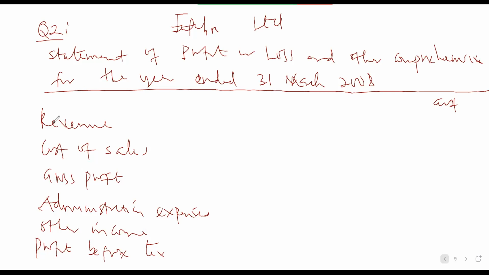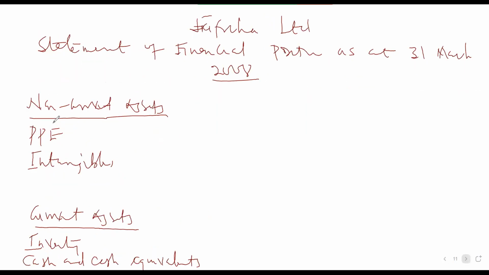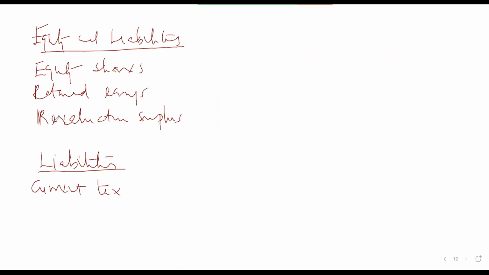Note 1. Fafraha applies the revaluation model of IAS 16, Property, Plant and Equipment, to its land and buildings. A revaluation took place on 31st March 2017 and resulted in the fair value of 62 million shown above.